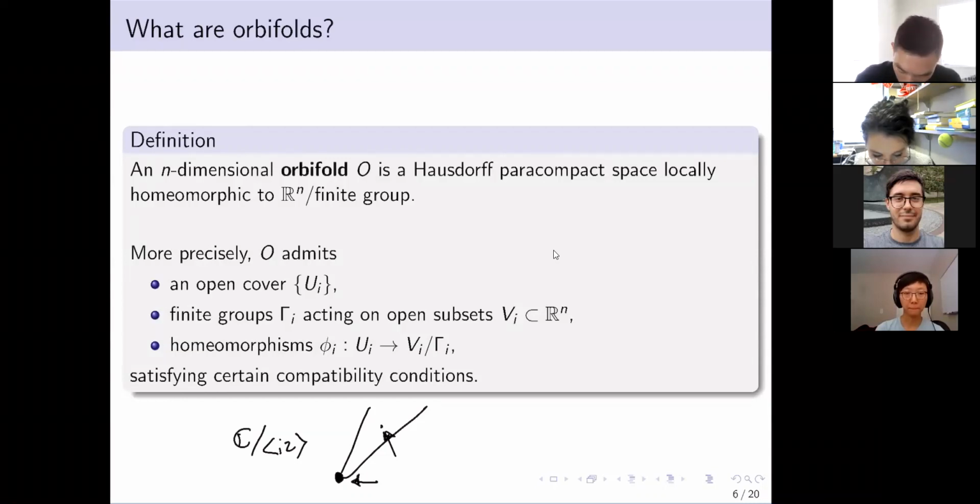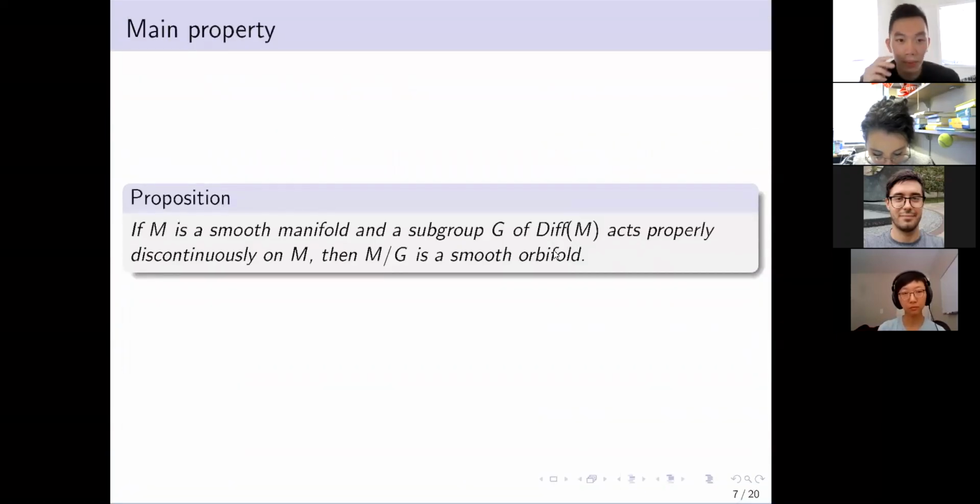All right. Next. So with this definition in mind, we see that the result that we have at the very start can be modified as follows. Again, if I have a group G that acts smoothly on a smooth manifold M, but we only require this action to be properly discontinuous, it doesn't have to be free, so we can have some fixed points.